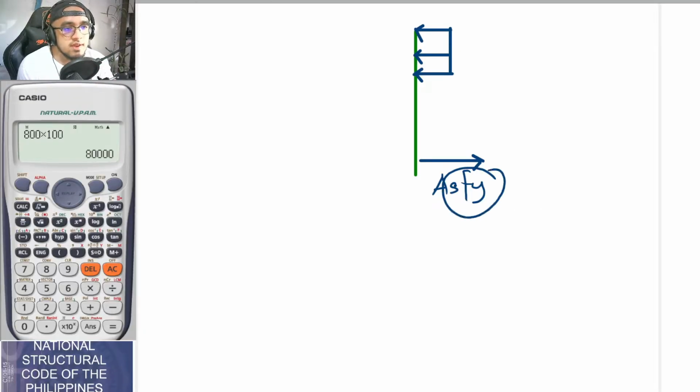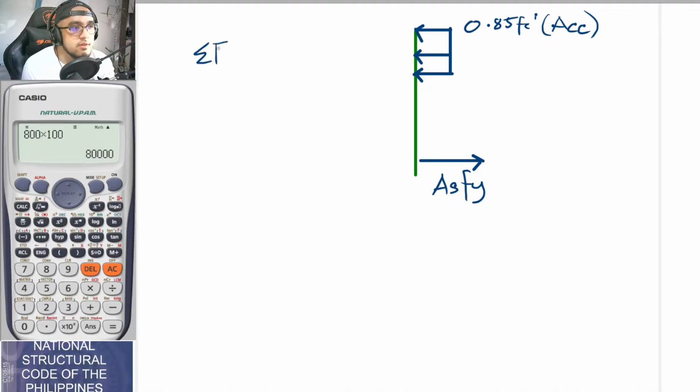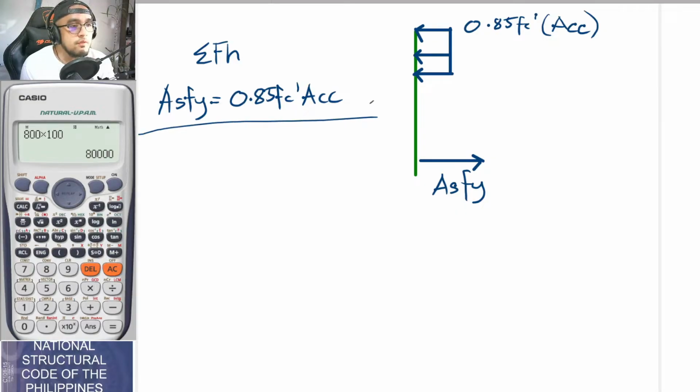So if this is As fy, and this is 0.85 f'c times, let's say, Acc, the area of the compressive concrete, then summation of horizontal forces gives As fy equal to 0.85 f'c Acc. Actually, guys, we know all of these values except for Acc, so let us just solve for it.